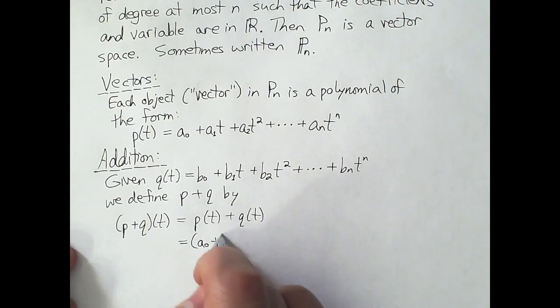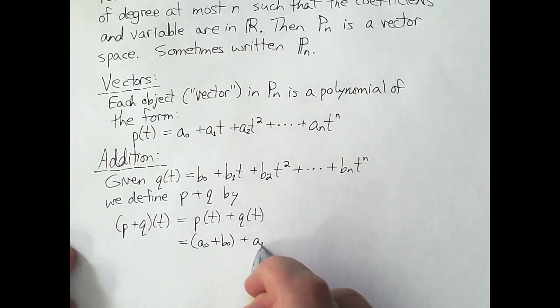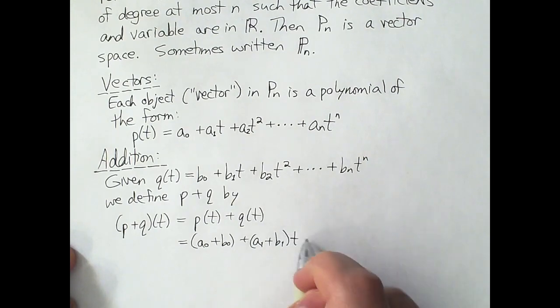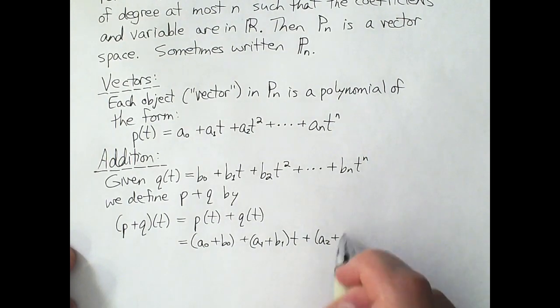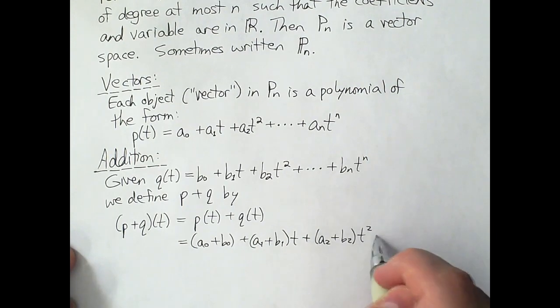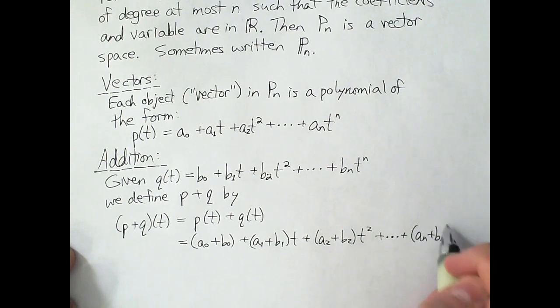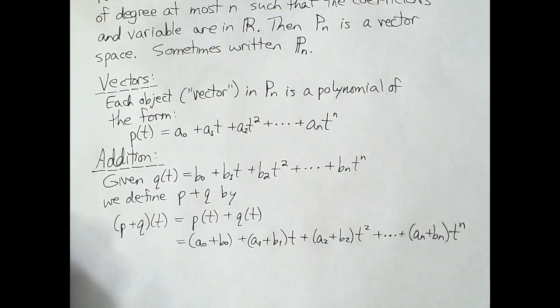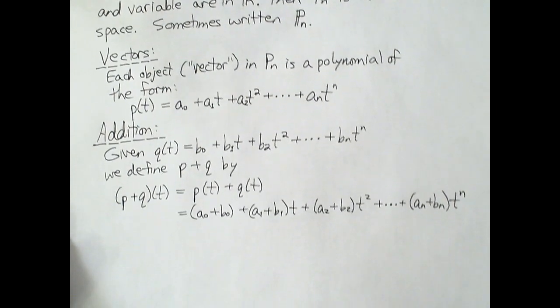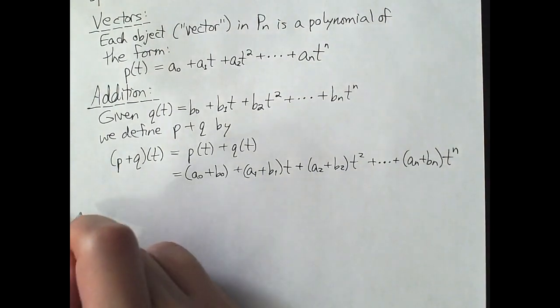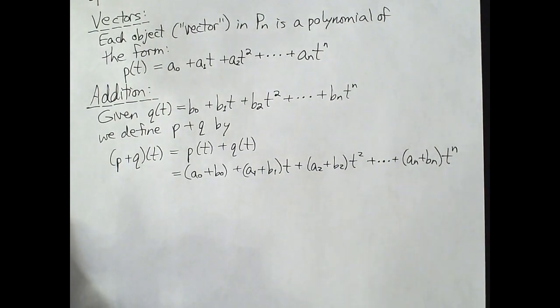Like a sub 0 plus b sub 0, plus a sub 1 plus b sub 1 times t, plus a2 plus b2 times t squared, plus dot dot dot all the way up to an plus bn times t to the n. This is how addition works in this vector space. When you add two polynomials, you get something like this. I think that I can see that property 1 is satisfied. We'll talk about that in a minute.